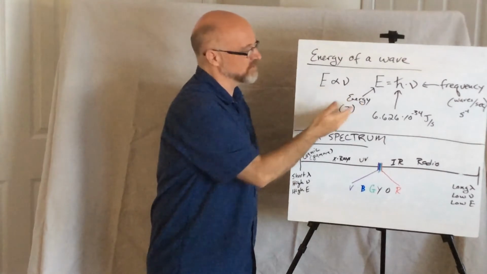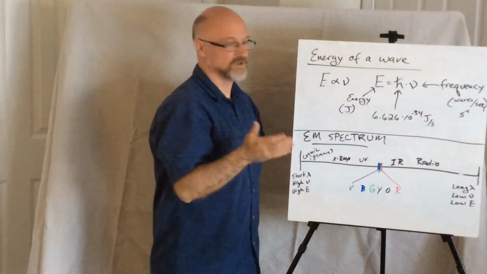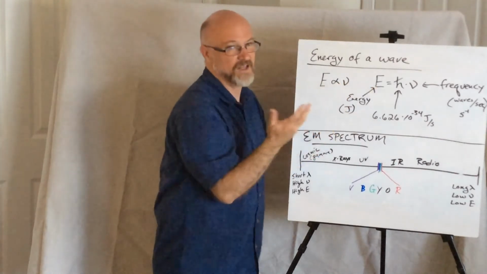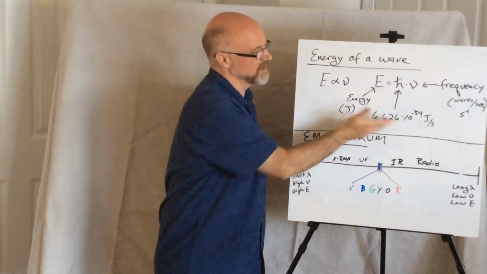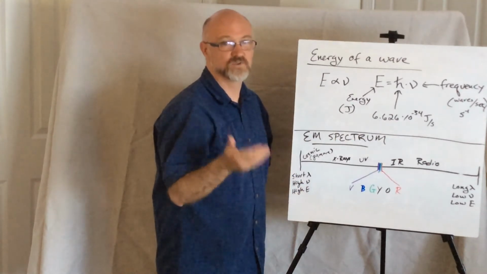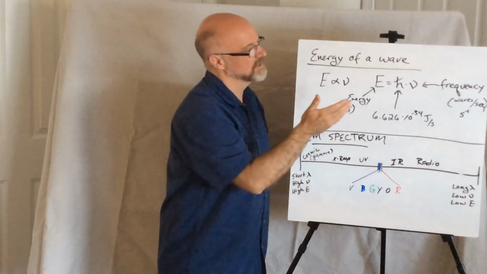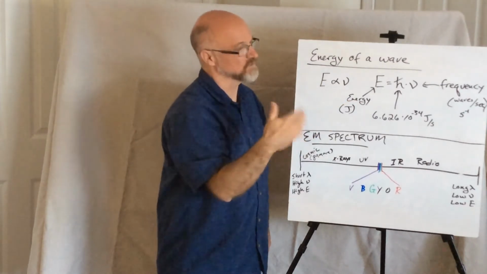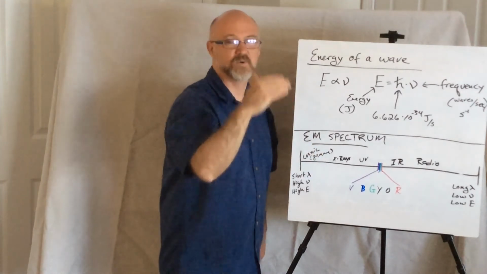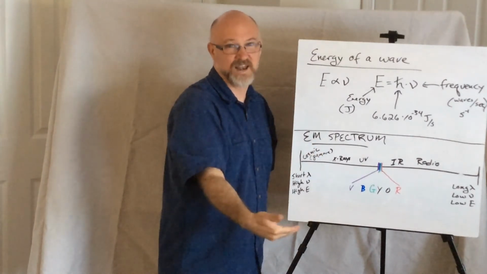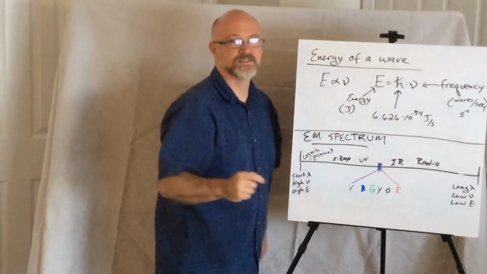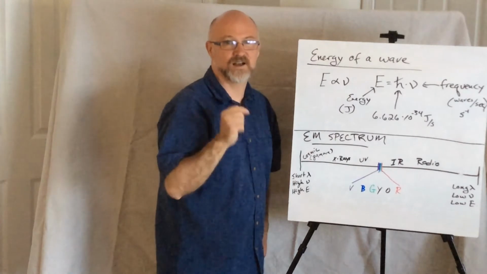It turns out that energy, which we measure in joules, the metric unit for energy, is the product of a number, 6.626 times 10 to the negative 34th joule-seconds, times the frequency, which is waves per second, or sometimes abbreviated as s to the minus 1. Anything raised to a negative power goes in the denominator of a fraction. This number, and that shorthand symbol, is Planck's constant.